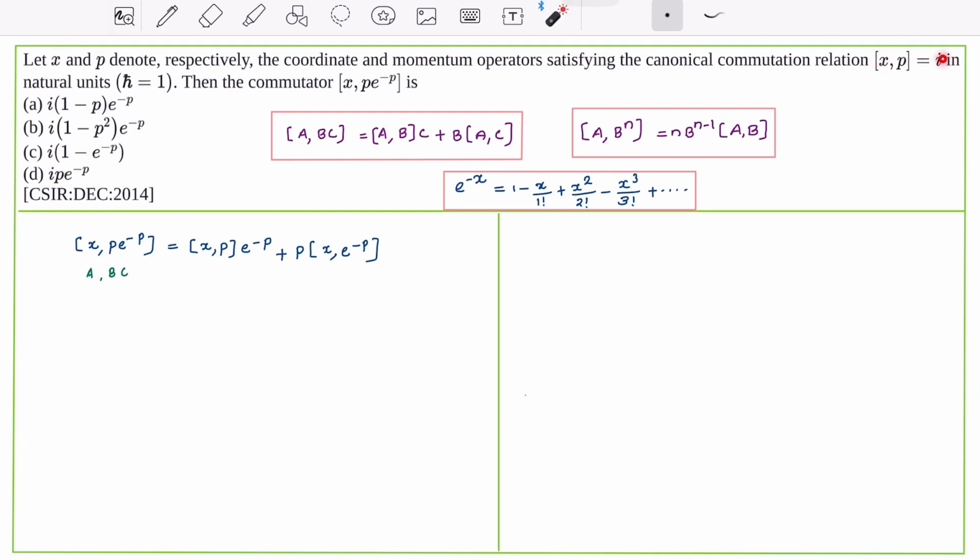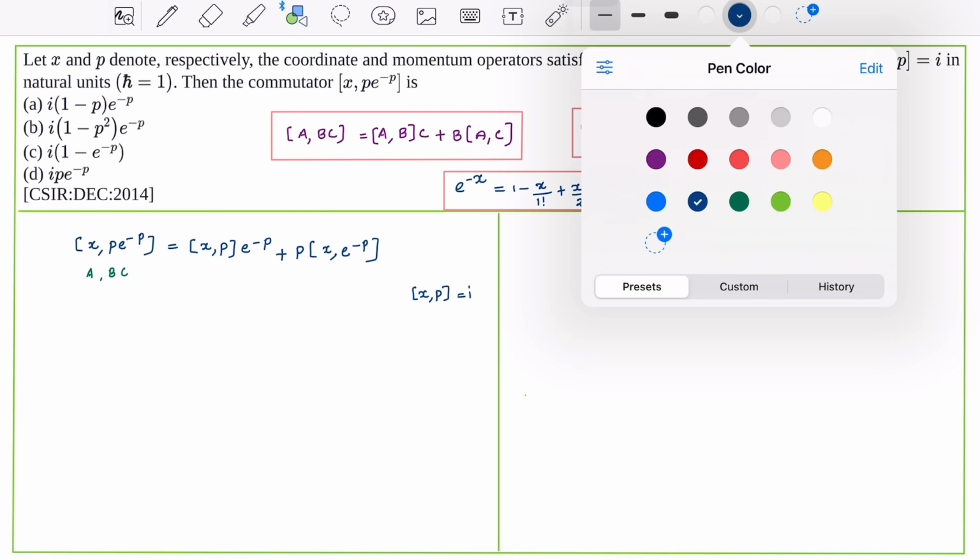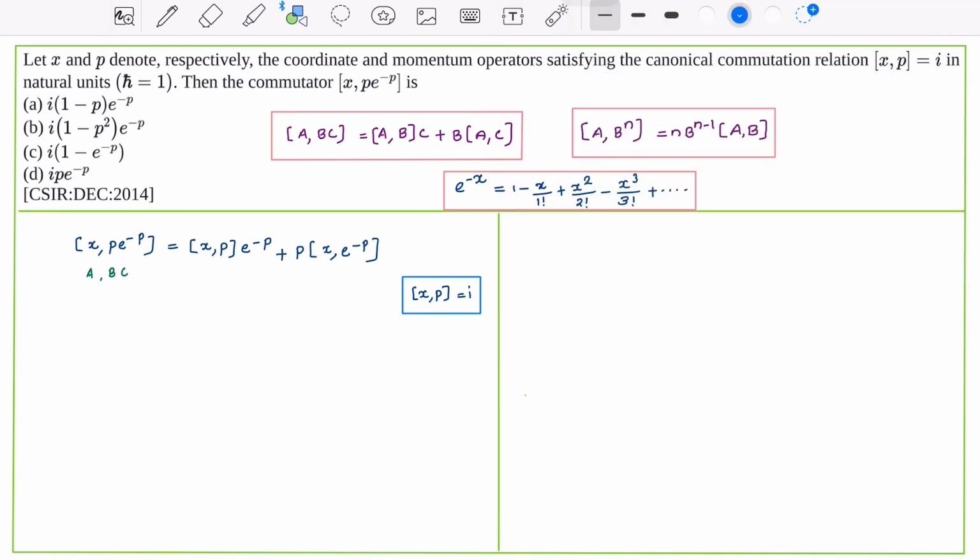It is given that the commutator of x and p is equal to i. Therefore, our first term becomes i e raised to minus p. The commutator of x and p e raised to minus p becomes i e raised to minus p plus p into the commutator of x and e raised to minus p.